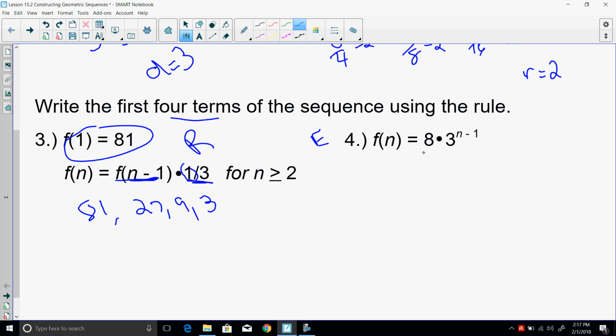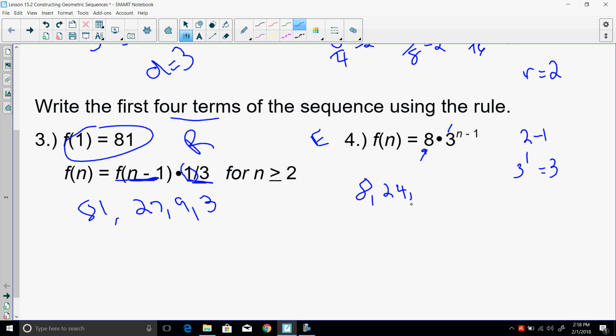This one also gives me the value of the first term, so I'm going to write it down and say that it's 8. Then I take the common ratio, which is 3, and I take 8 times 3 to the n minus 1. If I'm finding the second term, 2 minus 1 is 1, and 3 to the first power is 3, so 8 times 3 is 24.